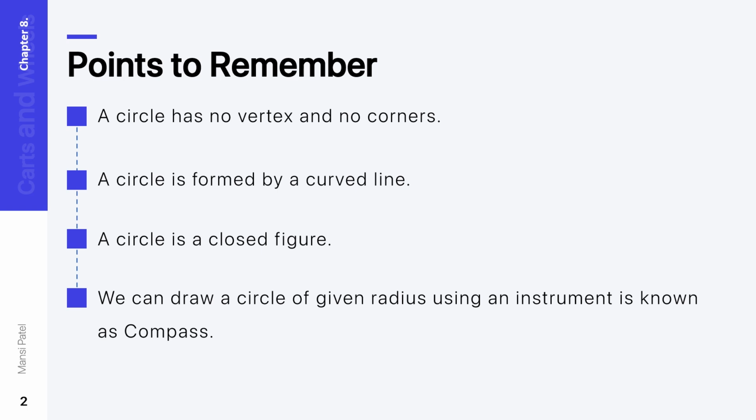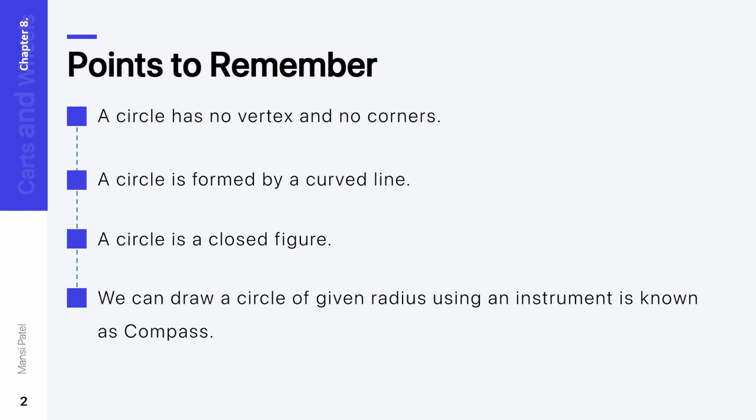Sometimes it is known as a rounder. If you are given a particular radius, for example 2 centimeter or 3 centimeter, and asked to draw a circle having radius 2 centimeter, then you are not supposed to use any other object to draw the circle.